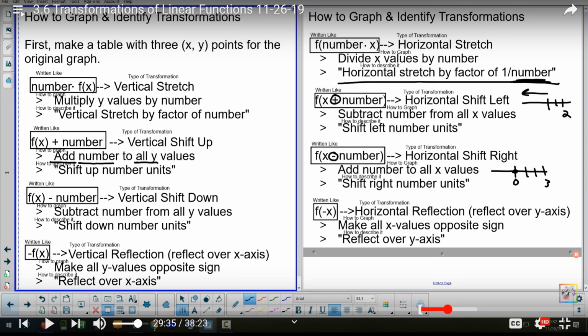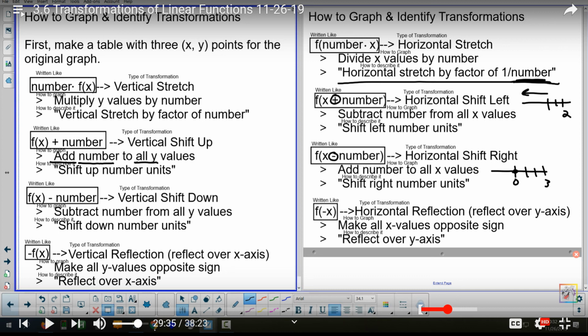Remember, we had 5 and then f of x next to it. Anyone see which box that is? Box 1. You have a number times f of x. If you had plus, that would be something different. If you had minus, that's something different. But this is a number times f of x.